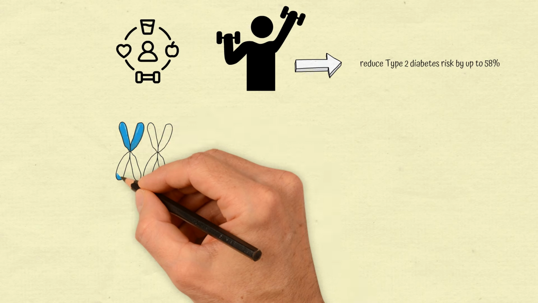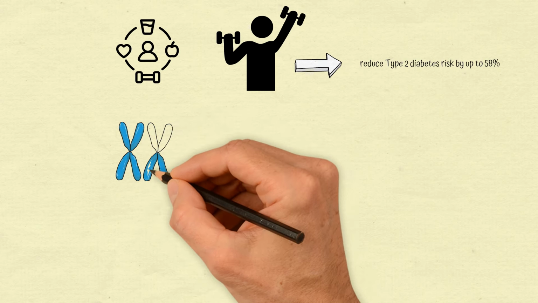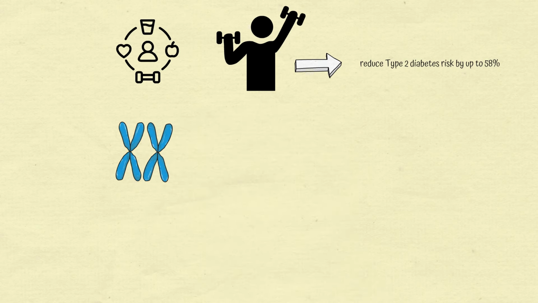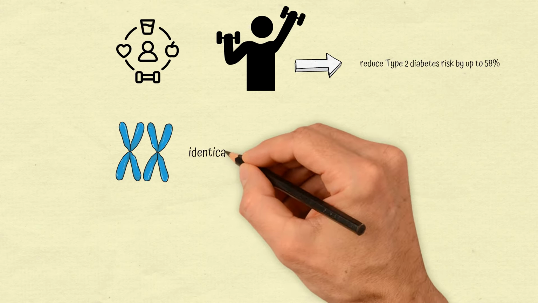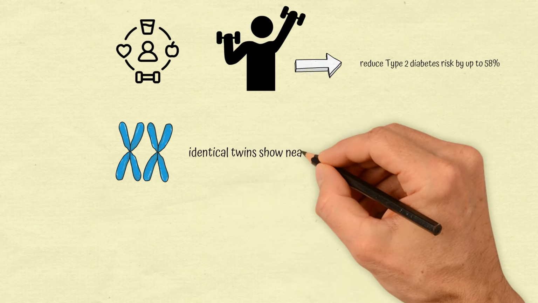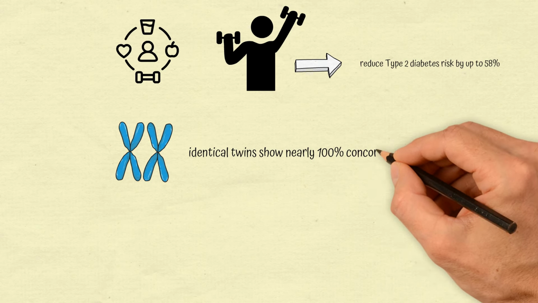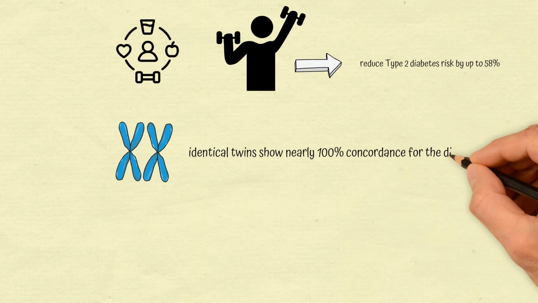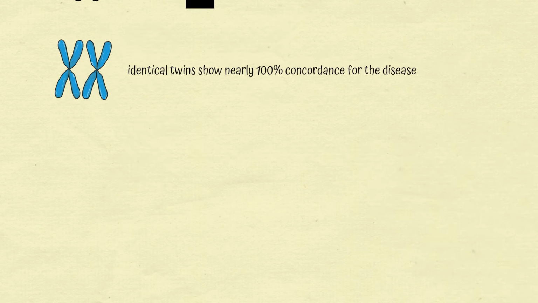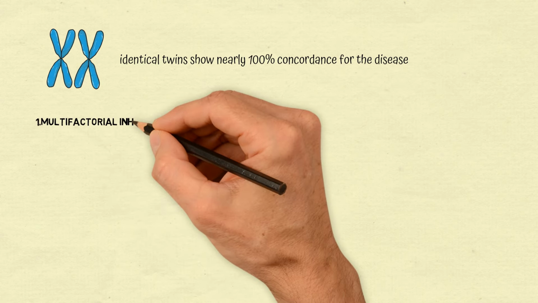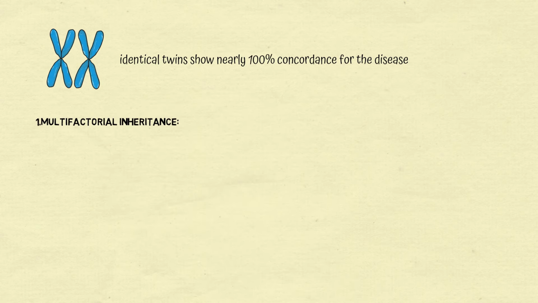Genetics play a strong role in the development of type 2 diabetes, although it's not a simple inheritance pattern. In fact, studies on identical twins show nearly 100% concordance for the disease, meaning if one twin has it, the other almost certainly will too. 1. Multifactorial inheritance.